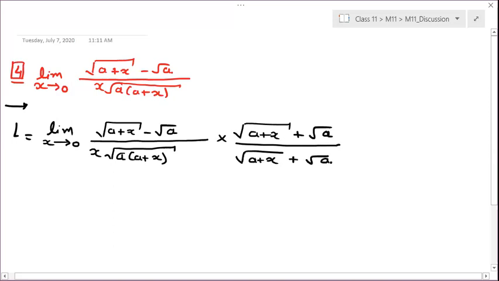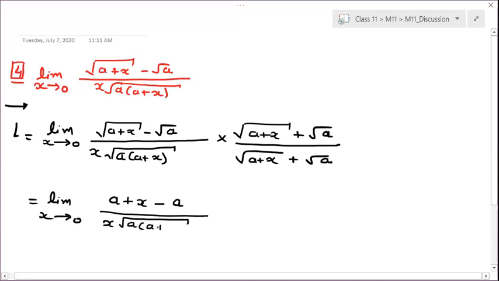Right? Rationalization, its conjugate. Now a minus b, a plus b, so it will become a square minus b square, or not? So limit x tends to 0, square root of (a plus x) whole square, it is a plus x, minus square root of a whole square, it is a, divided by x into square root a into (a plus x), and here square root(a plus x) plus root a.